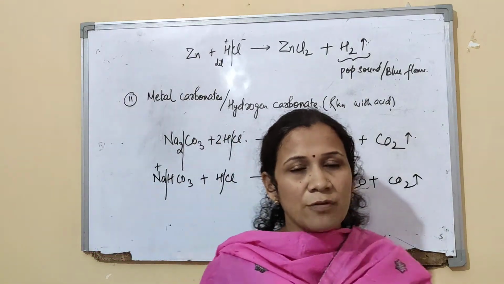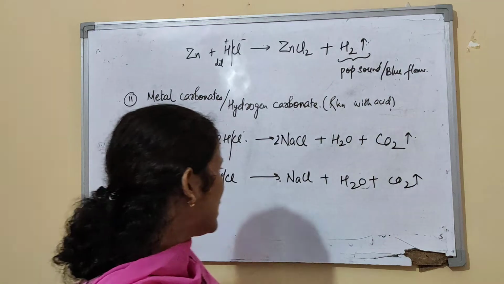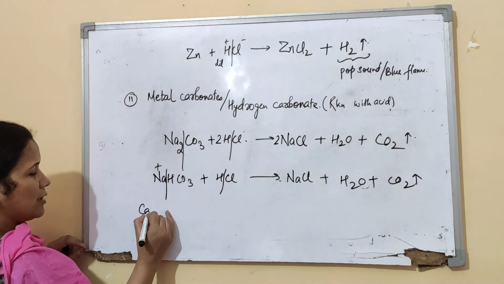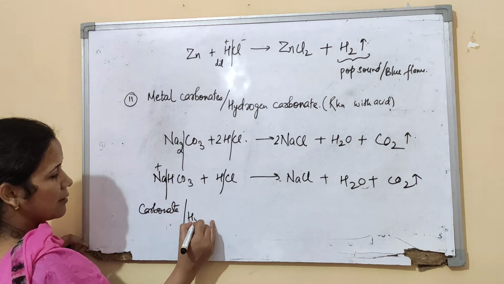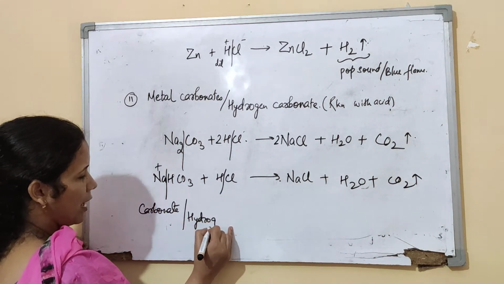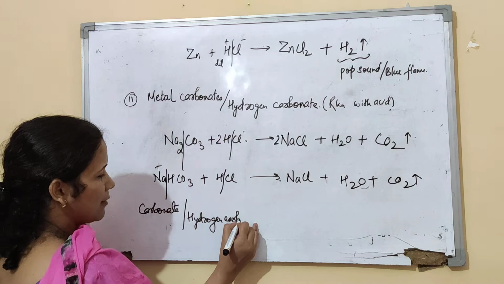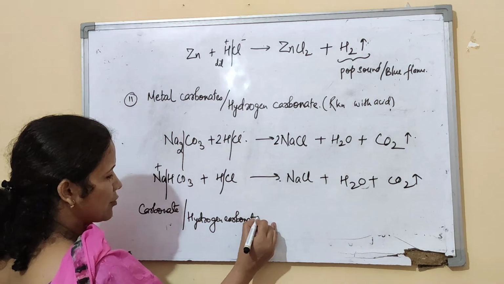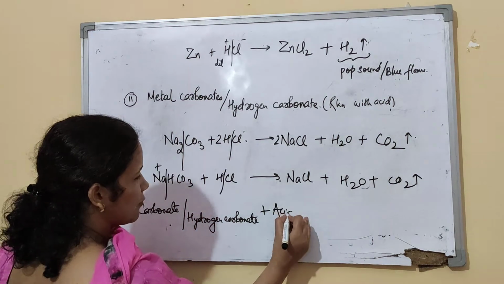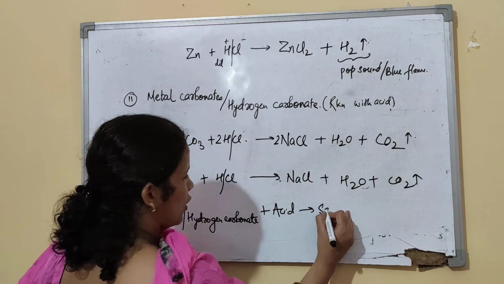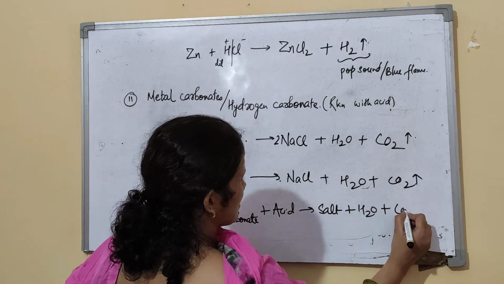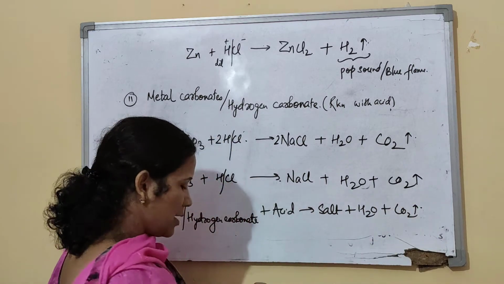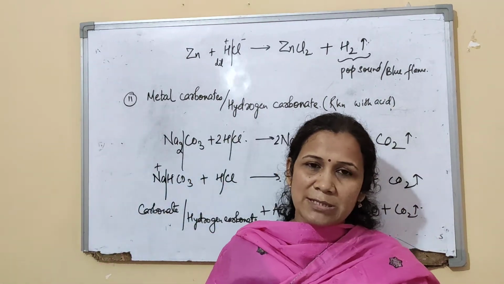We can generalize the rule that any carbonate or hydrogen carbonate salt, when treated with acid, will give you salt plus water plus carbon dioxide. Right? I have done these two examples for you.